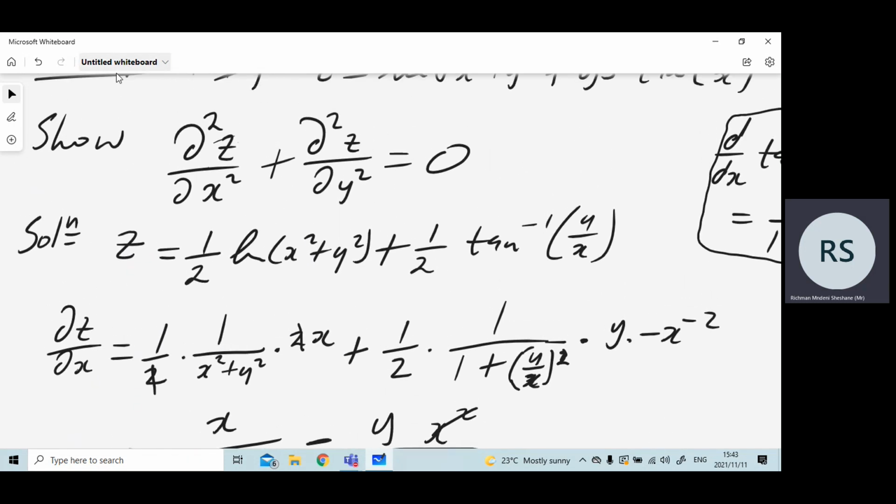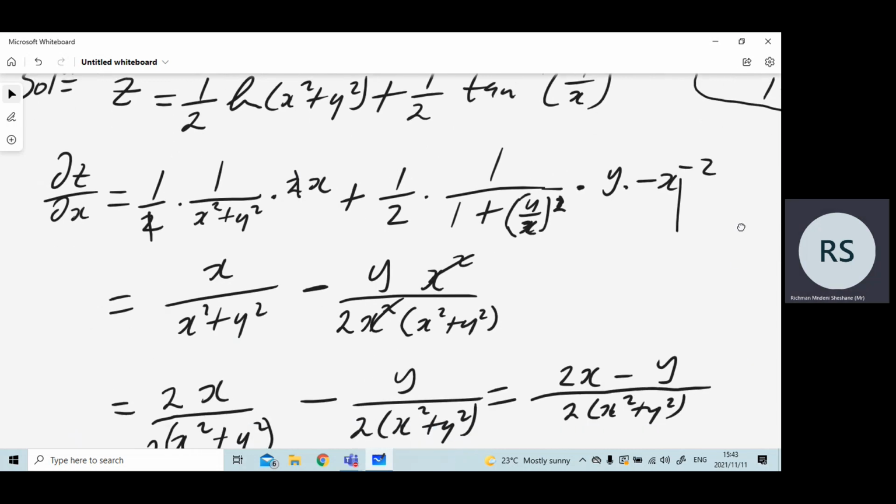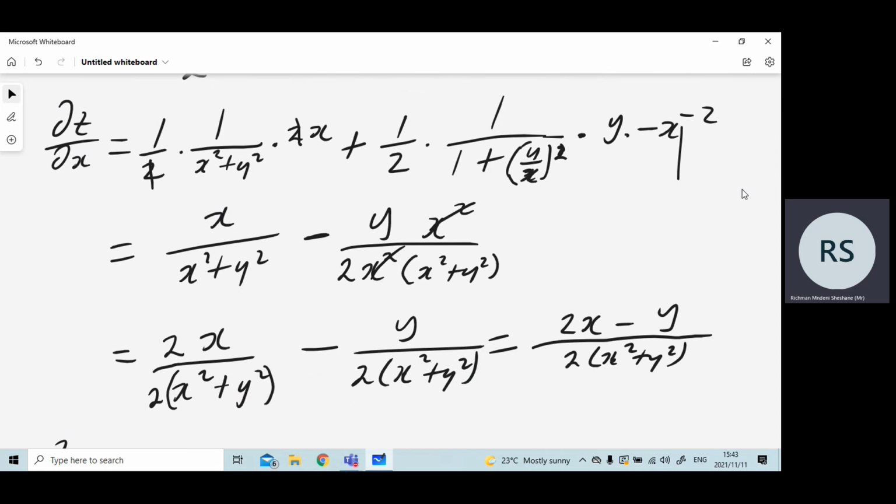Now I will be able to find this from the first partial derivative. And the simplified first partial derivative with respect to x is this one.